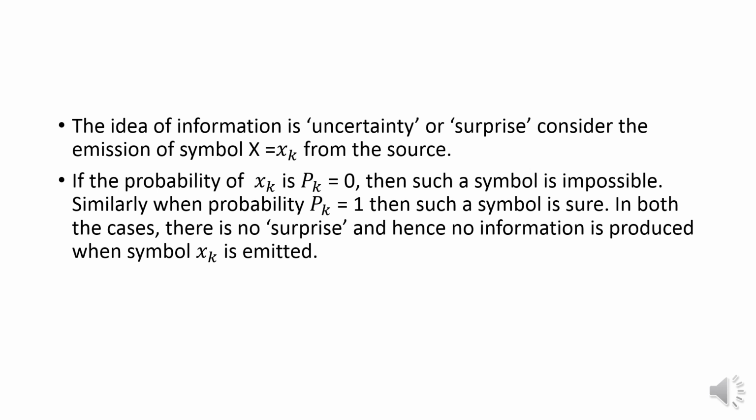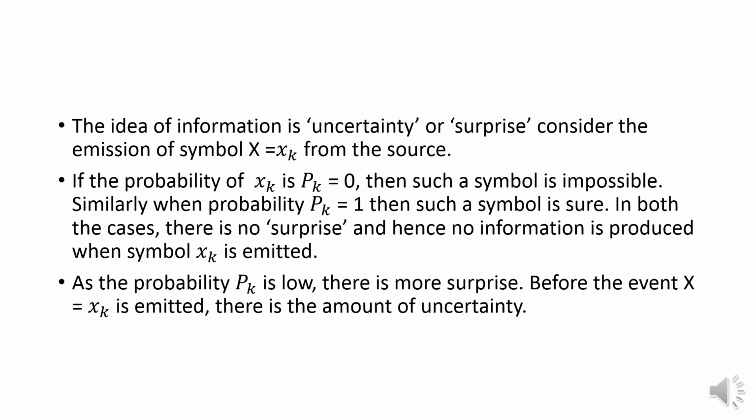In both cases there is no surprise and hence no information is produced when the symbol xk is emitted. As the probability pk is low, this produces more uncertainty and surprise. Before the event X equal to xk is emitted, there is an amount of uncertainty.